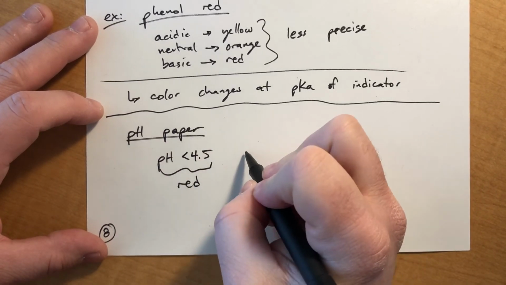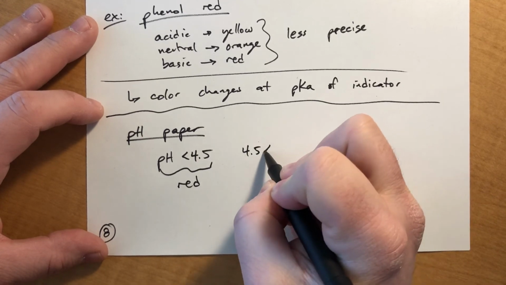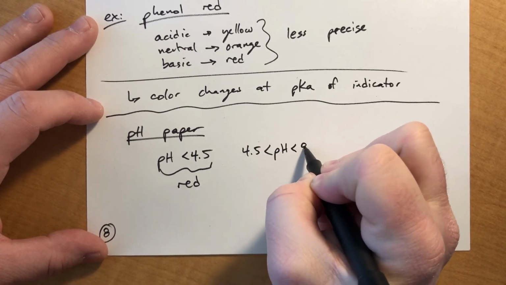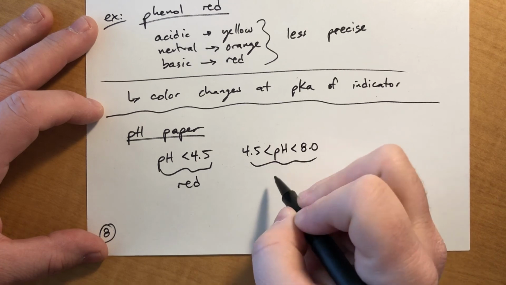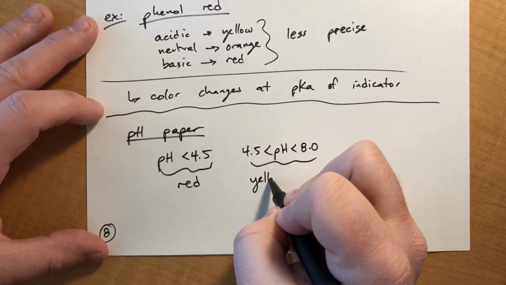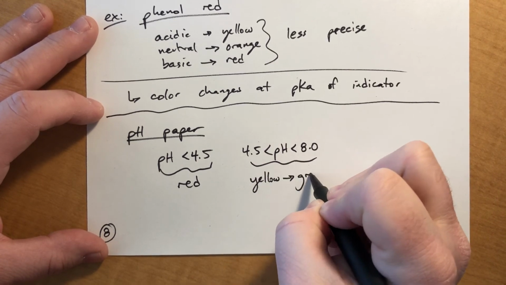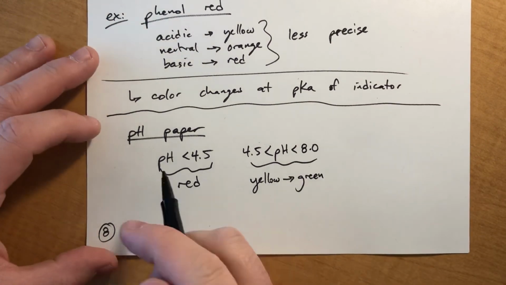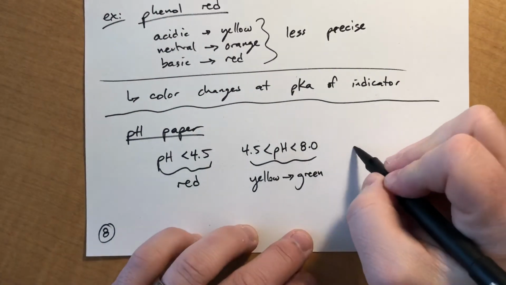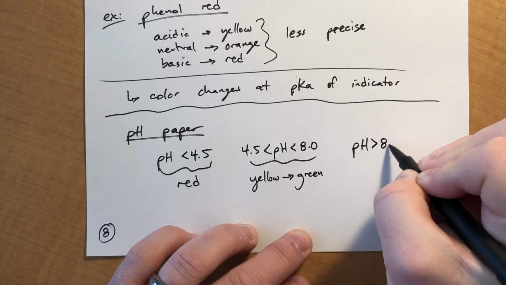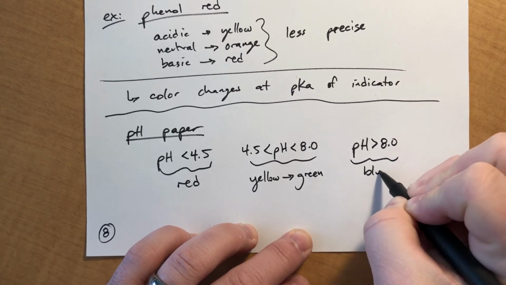Okay, if you have a pH between 4.5 and 8, it's going to be kind of yellows to greens. And obviously you guys have seen this in lab and it's kind of a gradation, but that's okay. If you have a pH greater than 8, it's going to be a shade of blue.